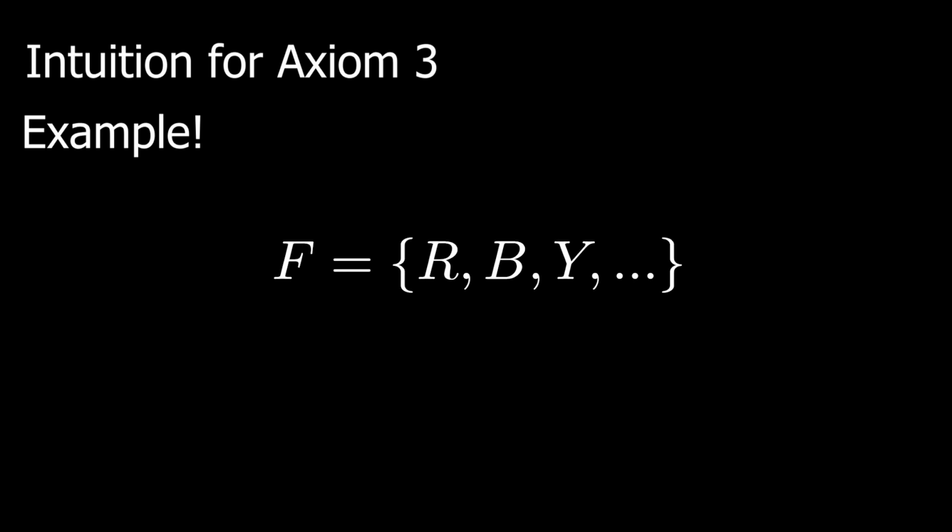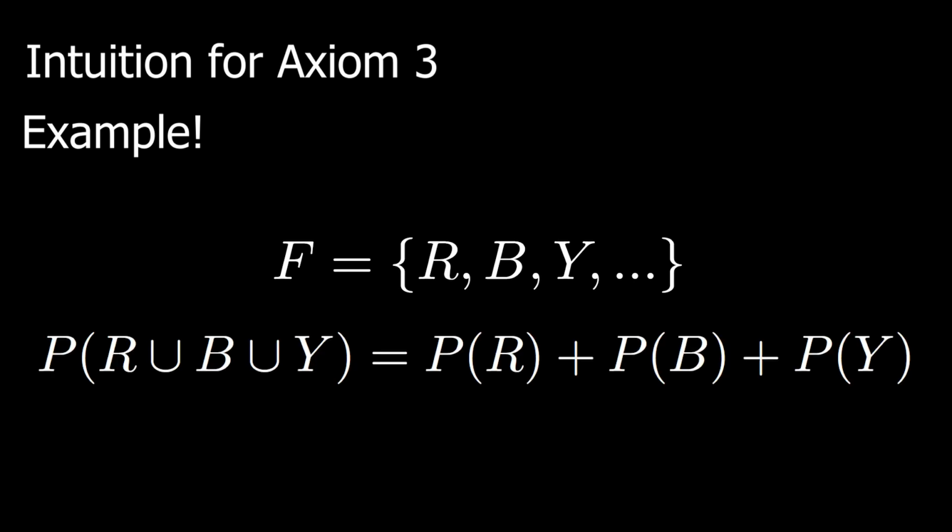We can therefore, according to the third axiom, say that the probability of my favorite being either red, blue, or yellow is the same as the probability that it's red plus the probability that it's blue plus the probability that it's yellow. This should make intuitive sense. The third axiom allows us to do this with a countably infinite number of disjoint events.